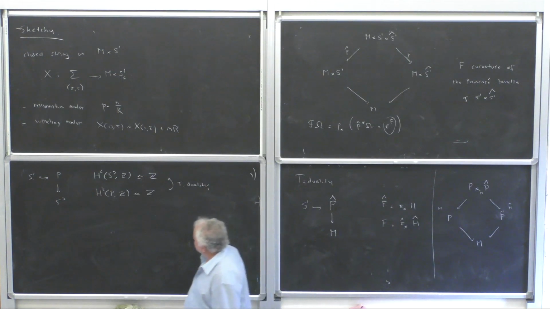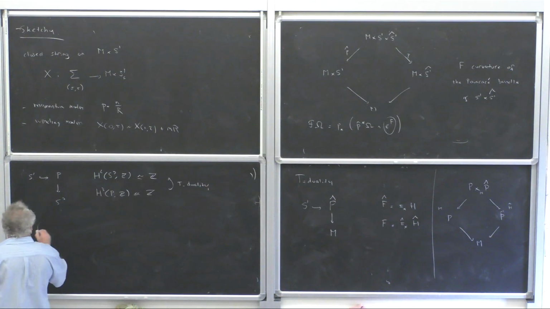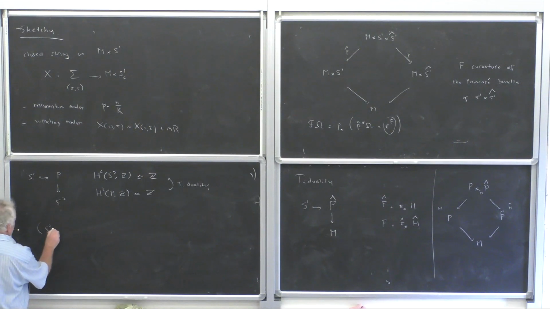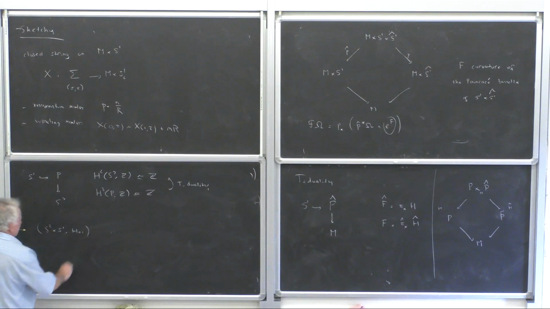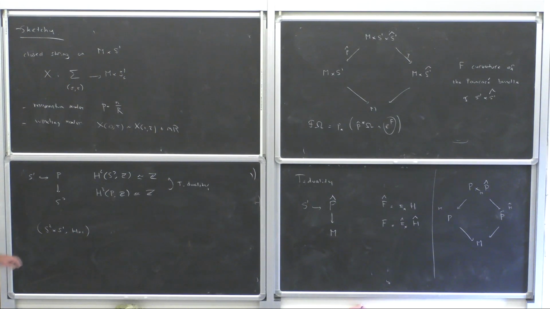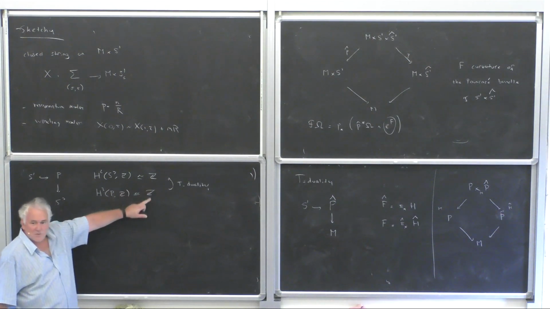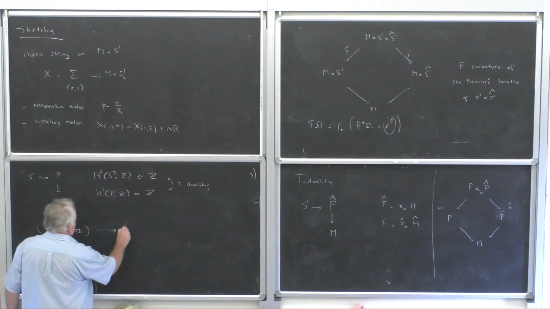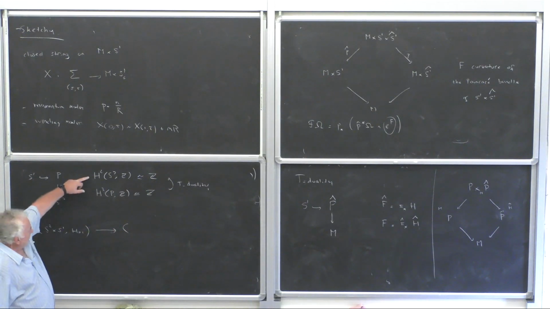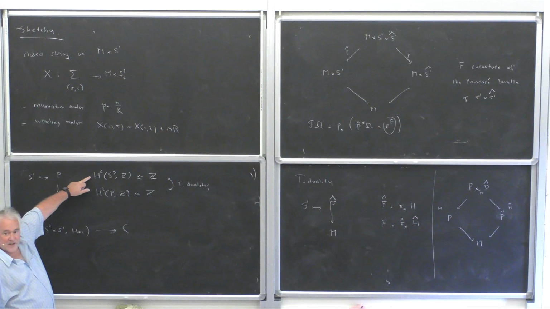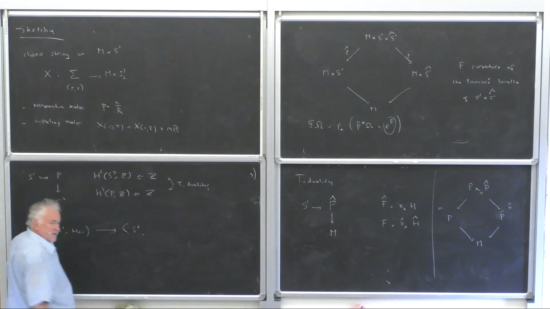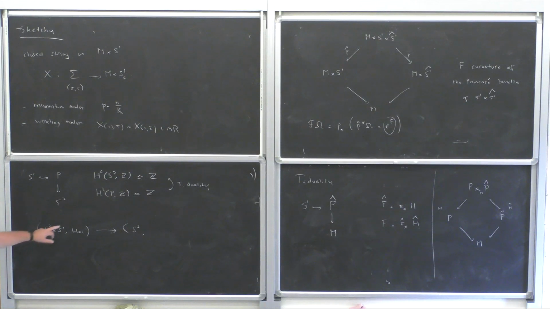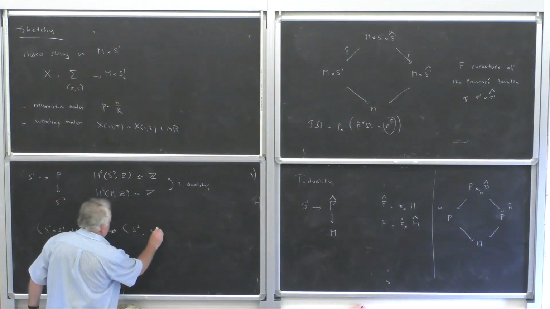So for instance, if I look at, say, the trivial case with 1 unit of H flux, so I take this to be 0 and this to be 1, then the dual is going to be something which has 1 unit of curvature, which is the S3, which is the Hopf bundle, and the dual will have 0 flux.